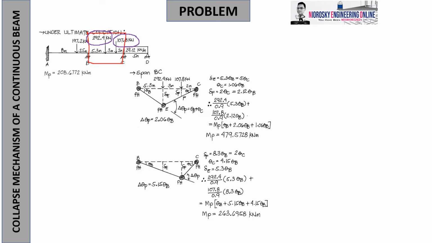Note that before we start analyzing span BC, I will try to erase that first, okay? Notice that B and C are the interior supports, and both of them have interlocking moments, as we call them in our calculations in theory of structures, and also as considered by the authors of the references for theory of structures.